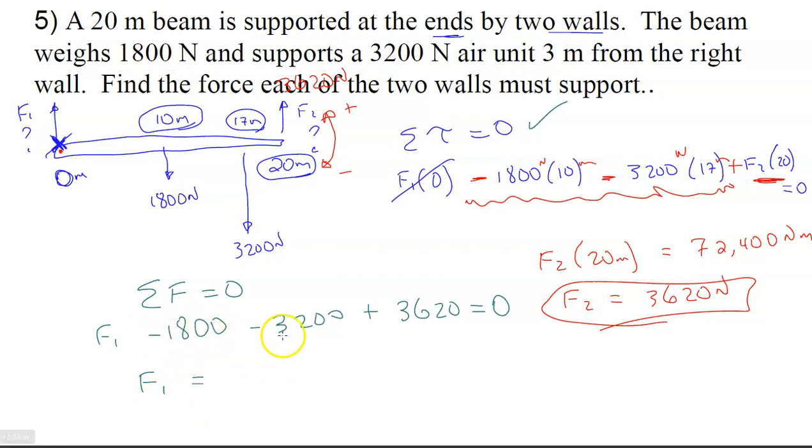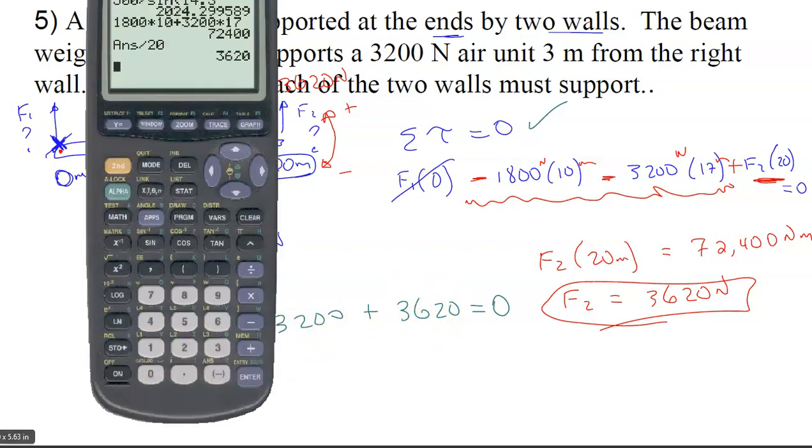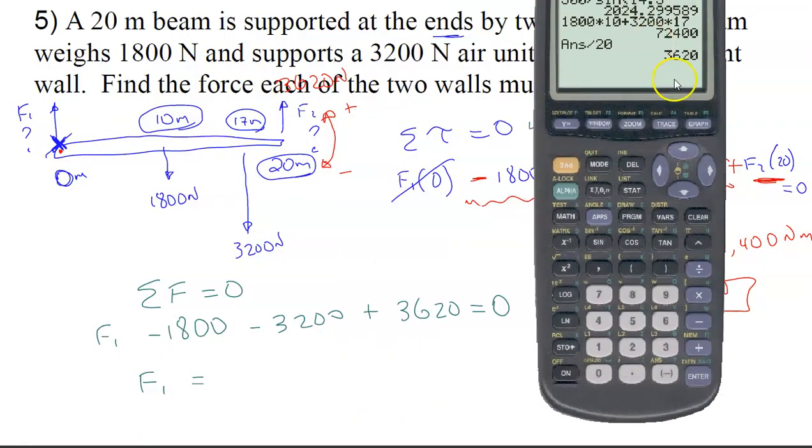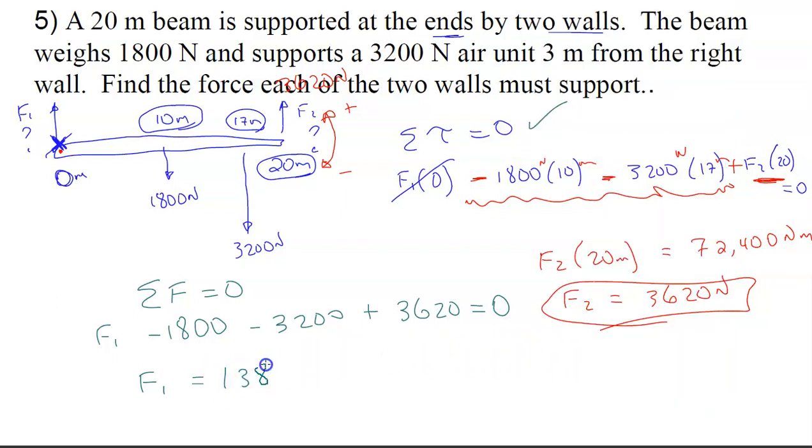I'm going to add this to both sides, add that to both sides, subtract this from both sides, and I can just do that straight way here, adding 1800, adding 3200, and subtracting 3620. Then the left-hand wall needs to support 1,380 newtons.